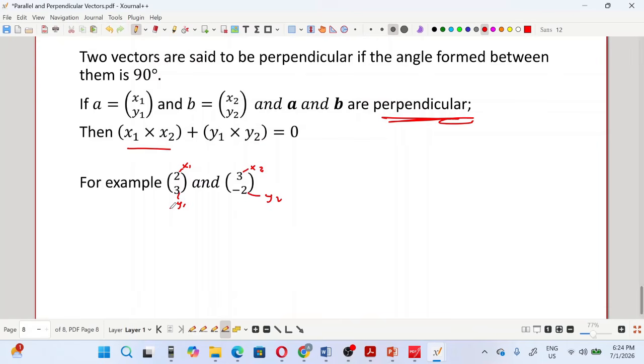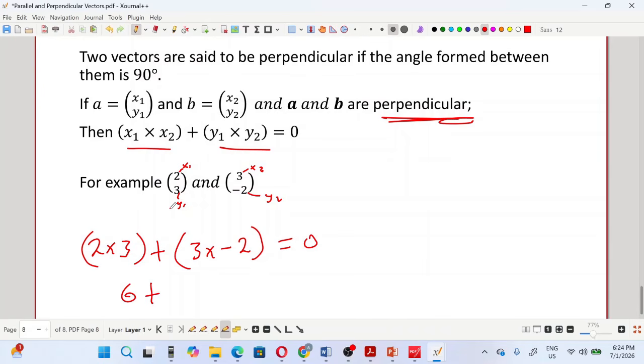So if I'm using this formula, I already have x1 multiplied by x2. That's going to be 2 multiplied by 3, plus y1, which is 3 multiplied by negative 2, and it says it should be equal to 0, right? So 2 multiplied by 3 is going to be 6, plus 3 multiplied by negative 2 is going to be negative 6.